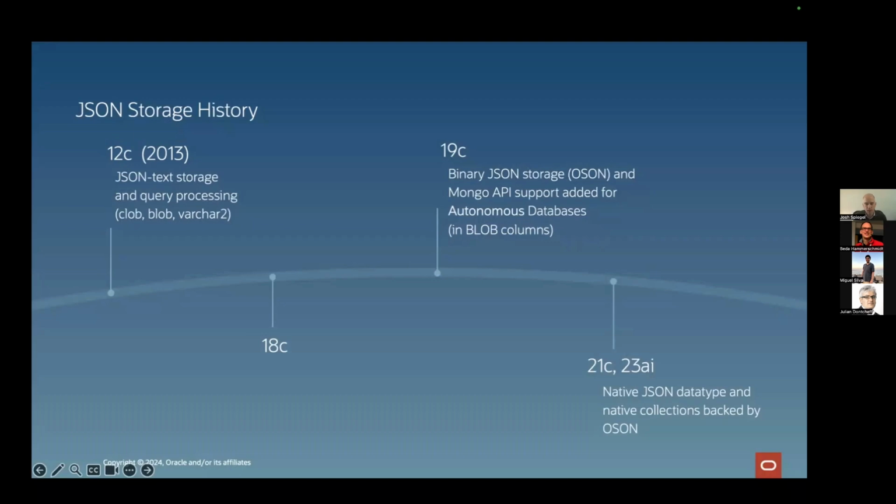Even SQLite, this lightweight little database, announced months ago that it now also has its own binary encoding for JSON. And so the next couple of slides talk about this binary JSON format and why we, in particular, have moved away from JSON text storage into this OSON binary encoding.